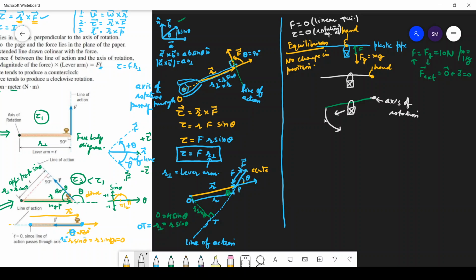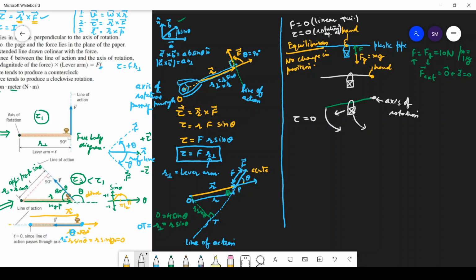So here, it means if this is the axis of rotation and this plastic pipe is rotating, and this bag is, of course, rotating, coming down this way, along with translational motion, it means that tau is not equal to 0. So where is the action of force?